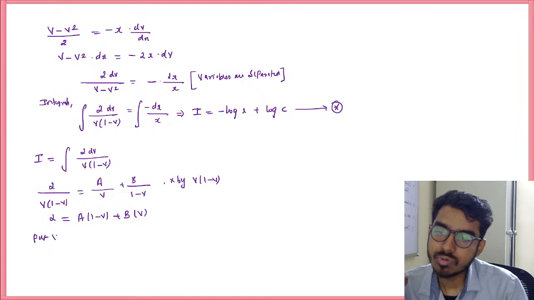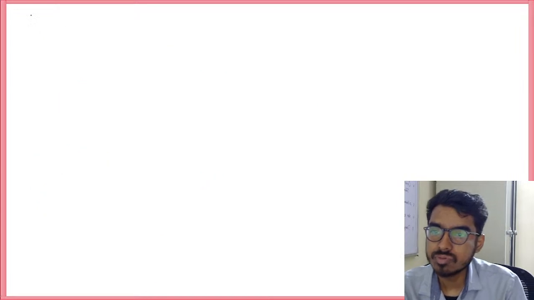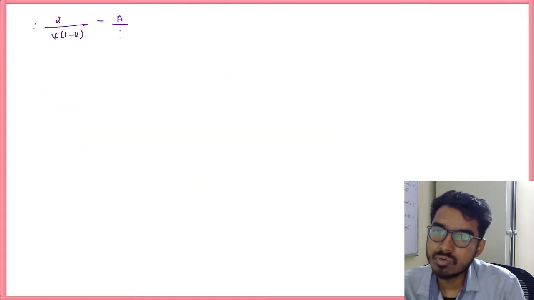So put v is equal to 0, that means 2 is equal to A plus 0, so A is equal to 2. If you put v equal to 1, we will have 2 is equal to A into 0 plus B into 1, so B is equal to 2 also. Therefore 2 divided by v into 1 minus v is equal to A by v plus B by 1 minus v, where A is 2 and B is 2.